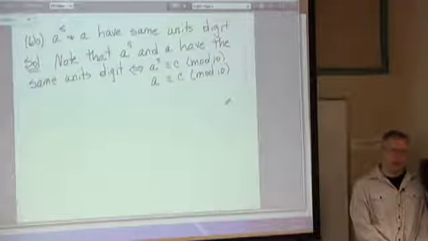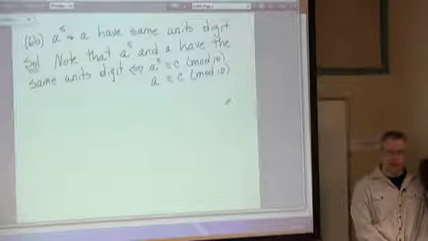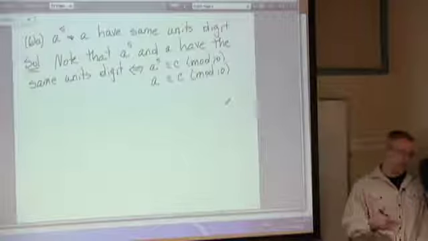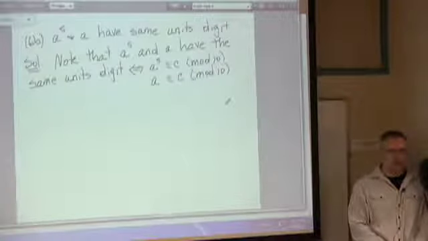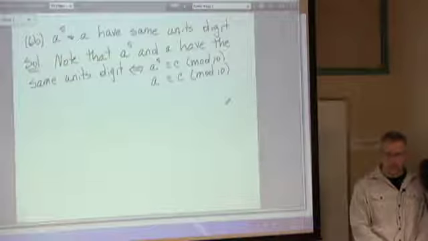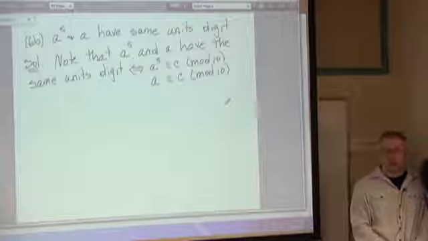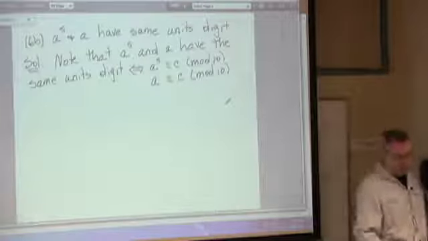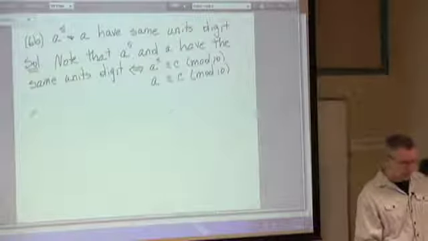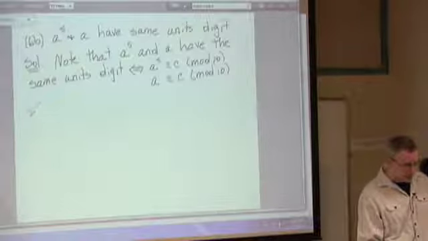Okay, so just think about this for a second. If we call c the units digit of a to the fifth, it's some integer between 0 and 9. That's all it is, right? Then a to the fifth is congruent to c mod 10. And if a has the same units digit, then a is congruent to c mod 10. So what can we conclude?